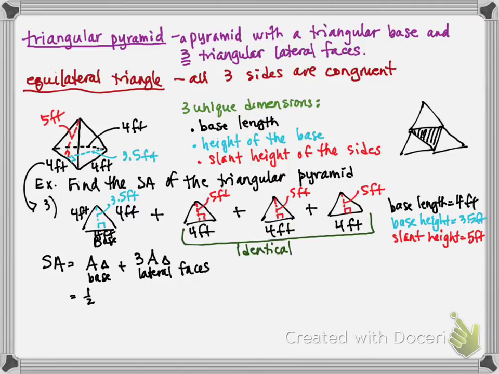Well, the base of the base is 4, and the height of the base is that 3.5. And then we're going to have 3 lateral faces that are 1/2, and the base of each of them is 4, and the height of each of them is the 5.